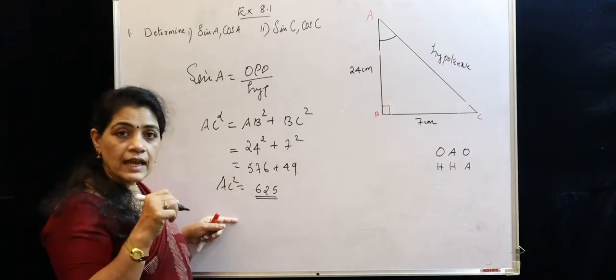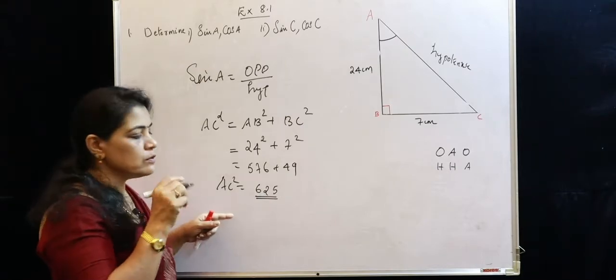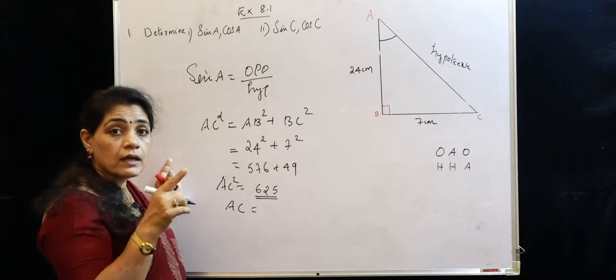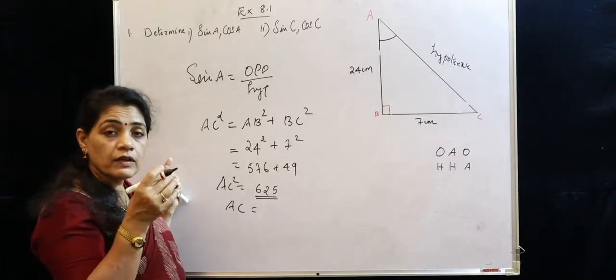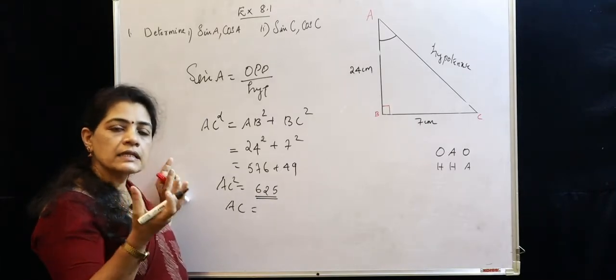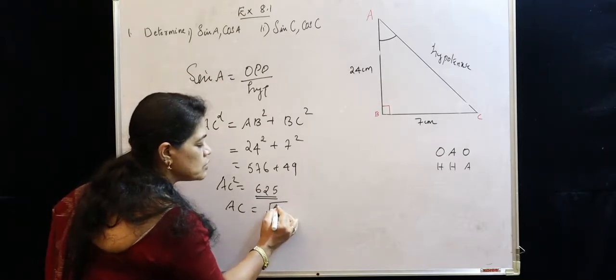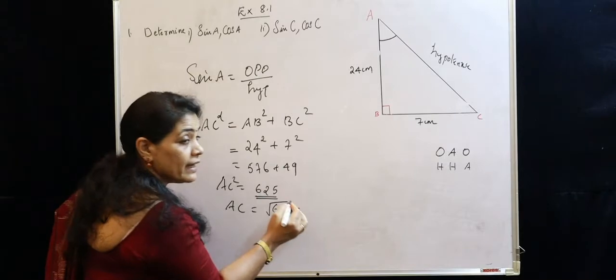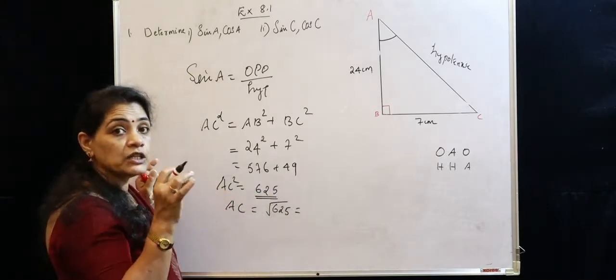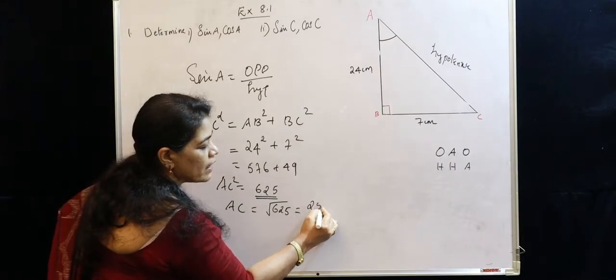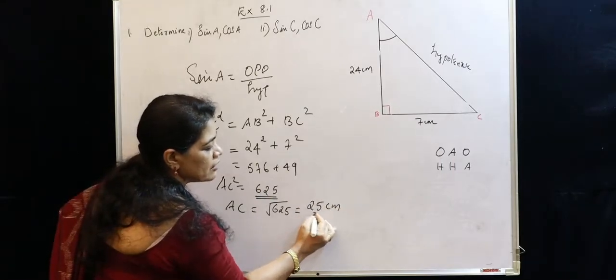But in sin A, opposite side by hypotenuse, we have to find AC. From AC square, we take the square root on both sides. Square root of 625 is positive and negative 25, but since it is a side, we consider only the positive value, that is 25 centimeter.